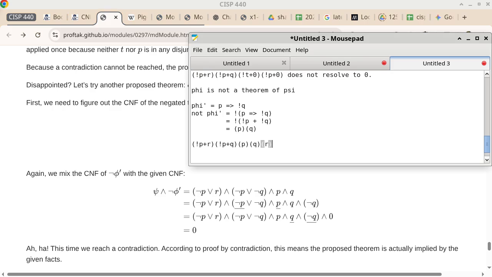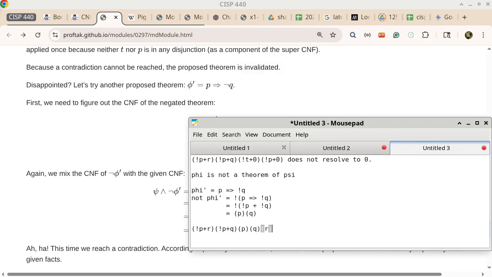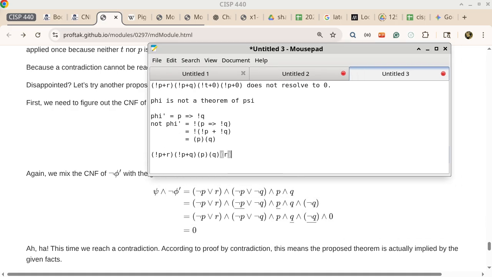No, that is fine. I think it is. We got R over here. We will get Q. So another resolution, we got Q. Okay, so I think I made a mistake somewhere along the line.